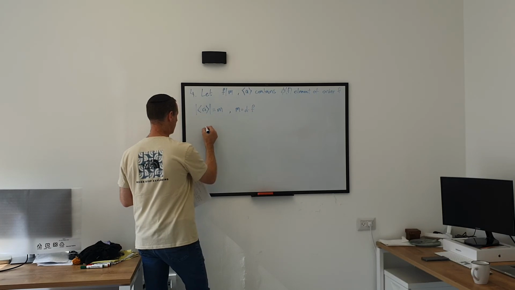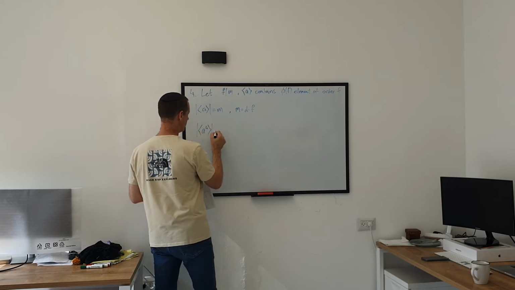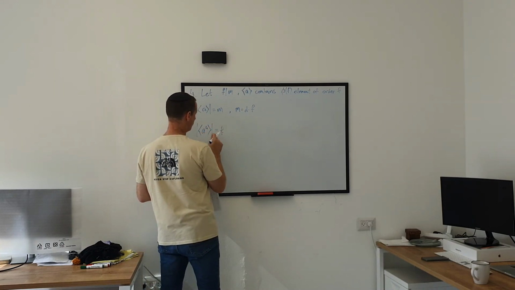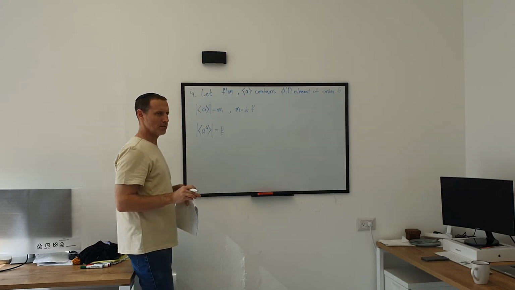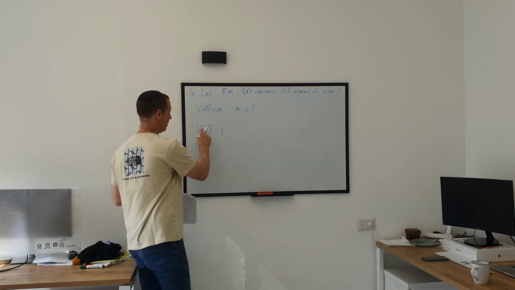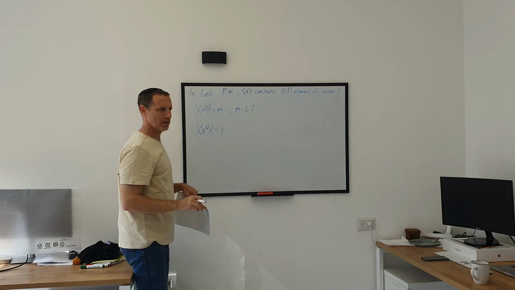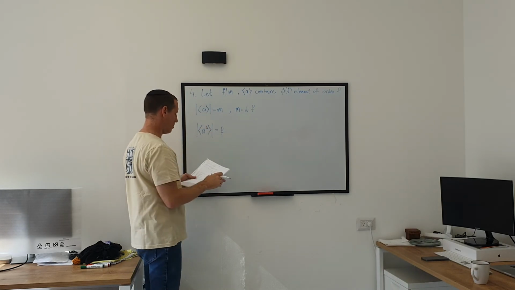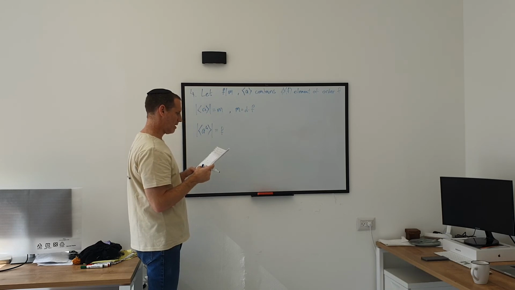Now I'll take a to the power of k, a subgroup. I'll find the k such that the size of this subgroup is f. If that's true, then a to the k is one of these elements that we're talking about, and we actually just want to count how many such k's there are.